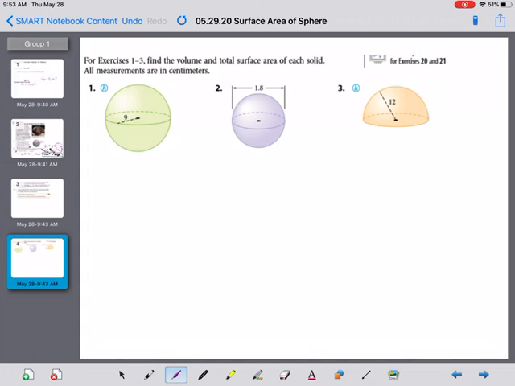So now let's use the new formula. Find the volume and surface area of each solid. We'll start with the surface area. 4 pi r squared, so 4 pi 9 squared.